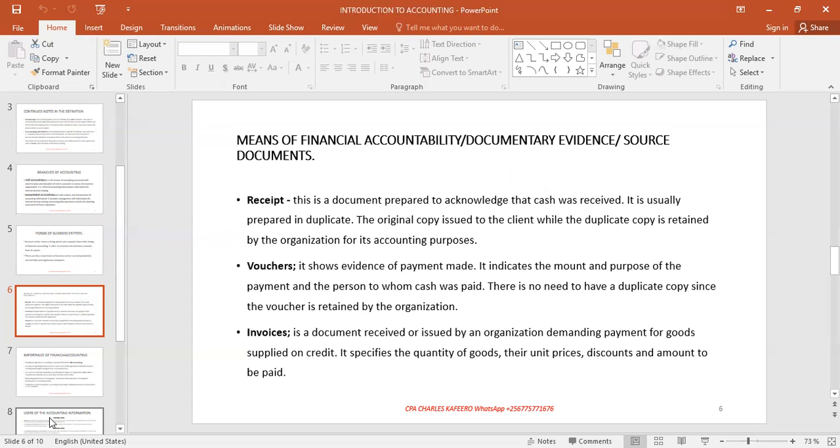The reason why we have to receive that receipt is that we want to confirm the actual number of units you bought. We want also to confirm the price, because someone may say, those goods you are seeing there, I bought them for 10 million. So for the accountant, it is not enough.